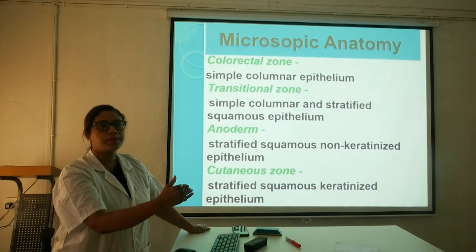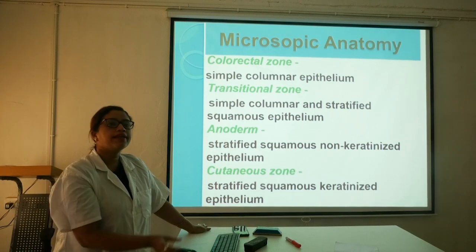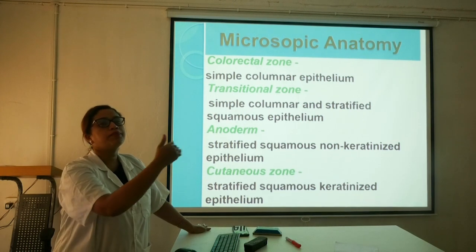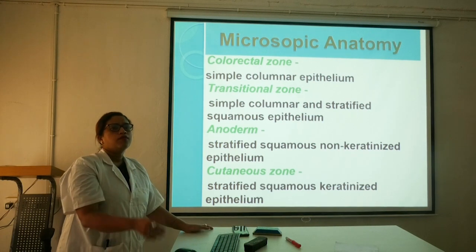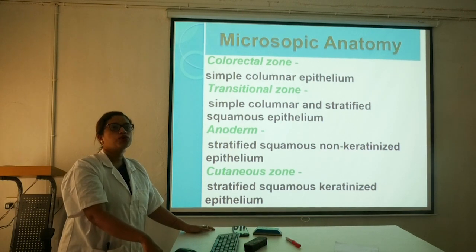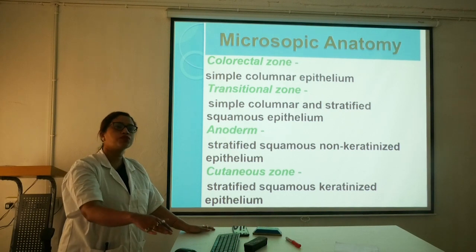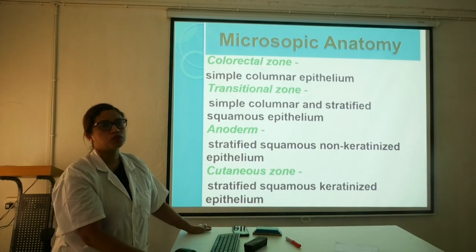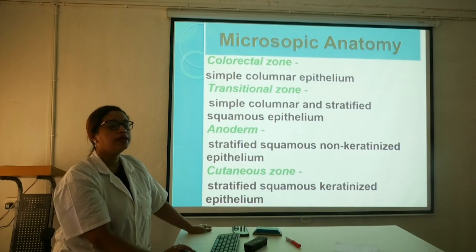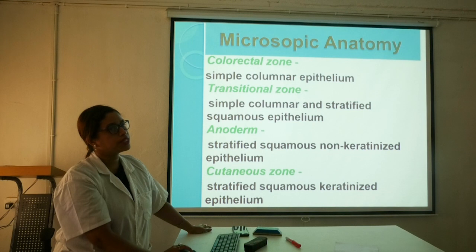What will be above that? Lamina propria. Then above that there will be columnar epithelium. Above that squamous epithelium. Why? Urine is a very corrosive substance, right? So it will damage the superficial mucosa. So it will go up. Then again another squamous will come. So that's why it is known as transitional. That means it is constantly changing.